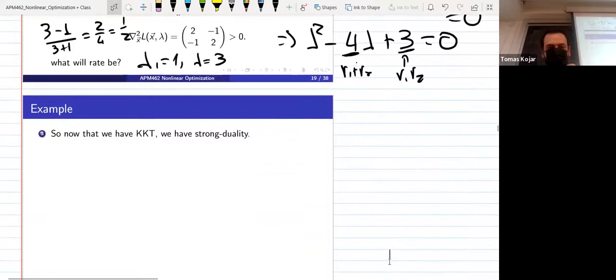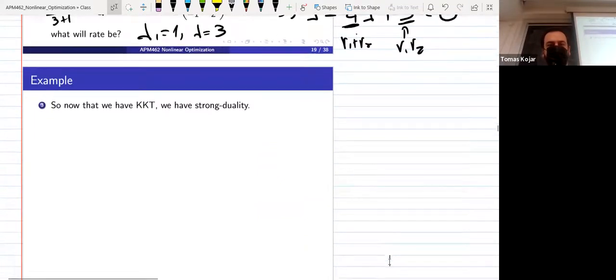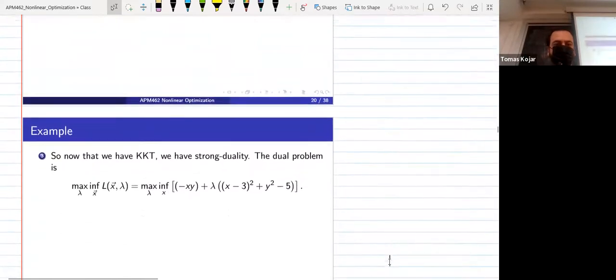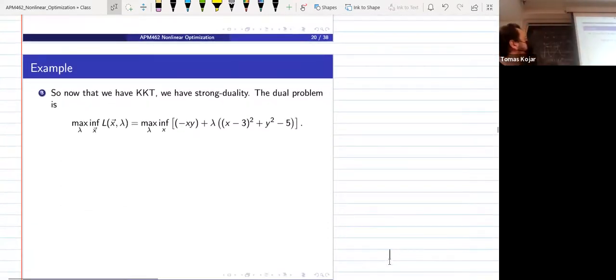All right. So now that we have KKT, we have strong duality. That means the dual problem is equal to the minimizer. That's strong duality over here.